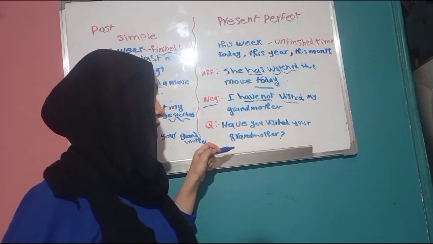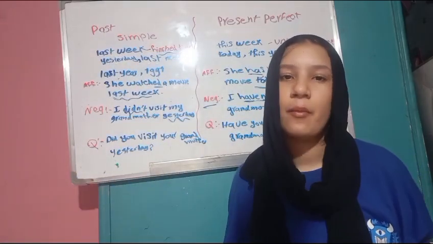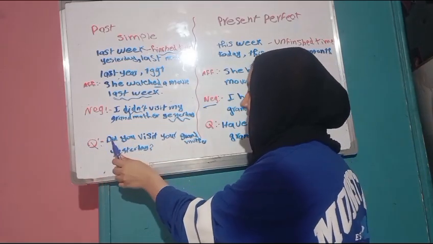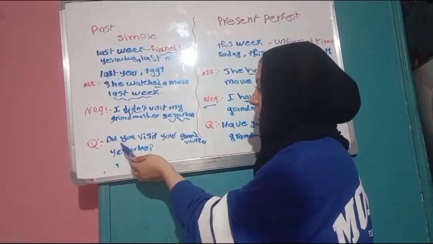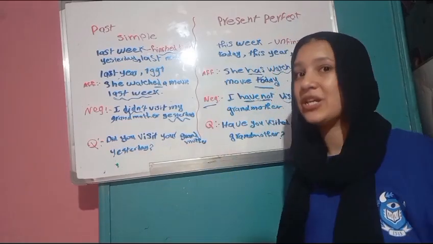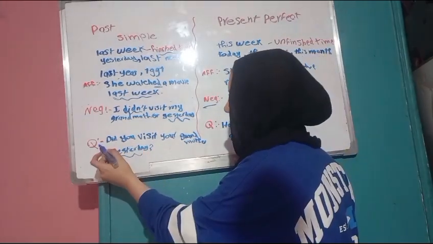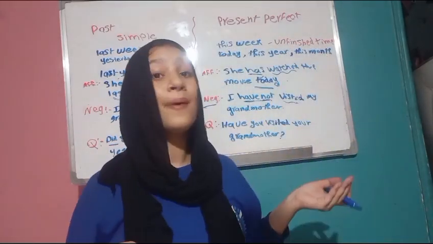And here let's take an example of the question. In the past simple: Did you visit your grandmother yesterday? This is finished time, right? And that's why we put did. Did is in the past.